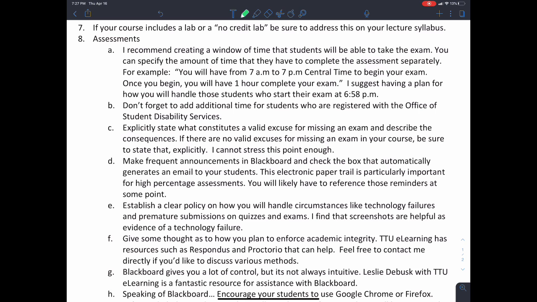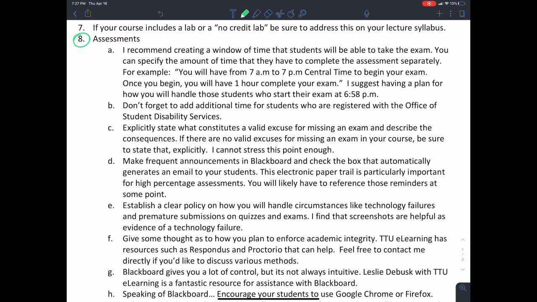And in my syllabus, it outlines that specifically, but that may be different for you, and so I recommend that you just explain how the laboratory, whether it's a no credit lab, separate section altogether, how that will be addressed, because I guarantee you will get a question about it.